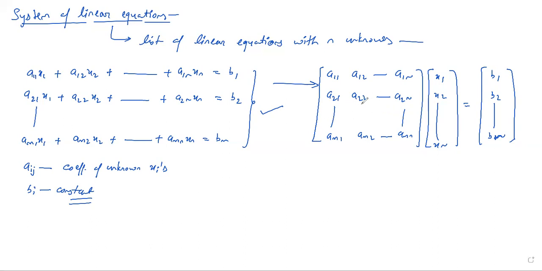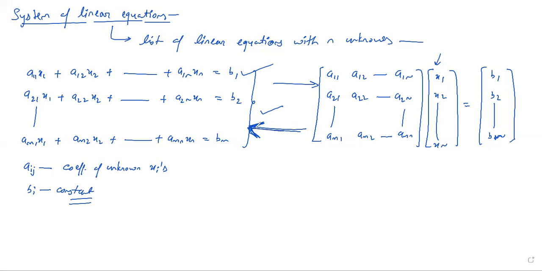So if you do the multiplication of these two matrices, what we do is we'll multiply this row into this column, and that is equals to b1, we'll get our first equation. Similarly if we multiply this row by this column, then that is equals to b2. We have to just frame the equations here, and when we frame the equations, we see that we get these equations.